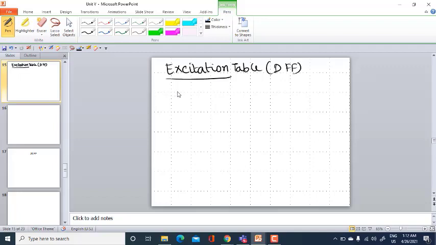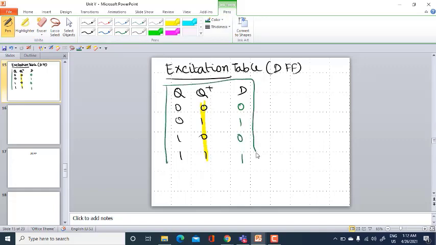So, now Q, Q plus, D. So, 0, 0, 0, 1, 1, 0, 1, 1. As I said already, output and input are the same. So, the same thing will appear at the output also. So, 0, 1, 0, 1. You can even compare and write it as in your SR flip-flop.